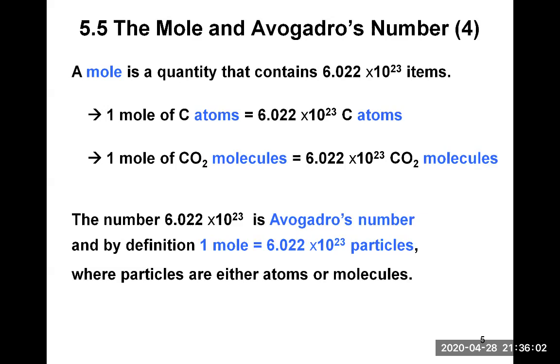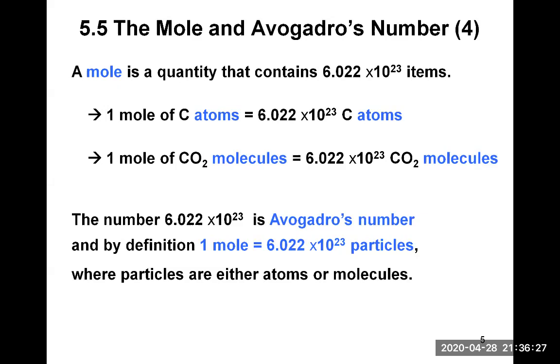If you're talking about molecules, molecules are still very, very small, right? And you still can gather a mole of molecules of CO2, for example, and it would be 6.022 times 10 to the 23rd molecules of CO2. So this number, 6.022 times 10 to the 23rd, is called the Avogadro number.